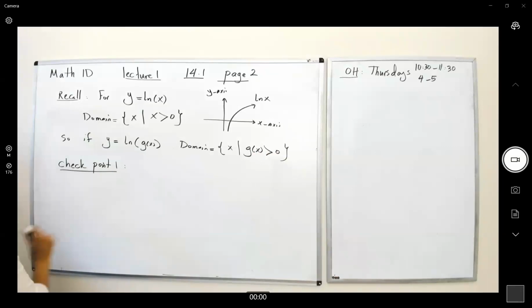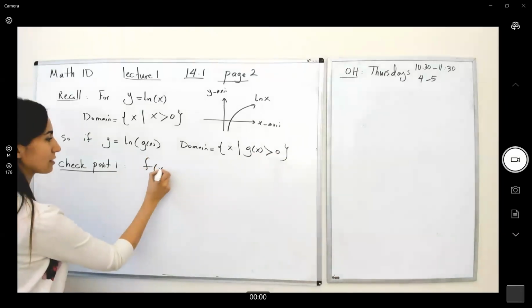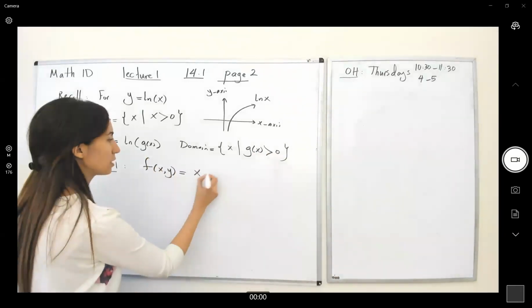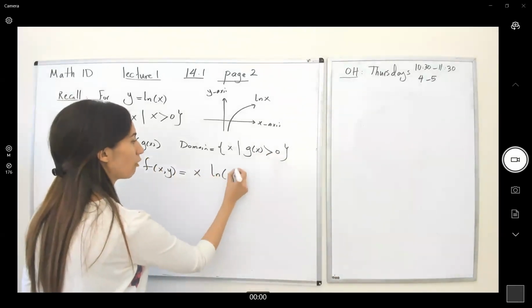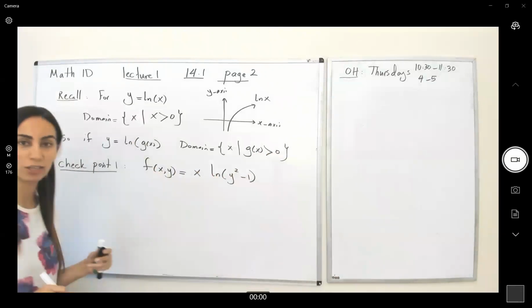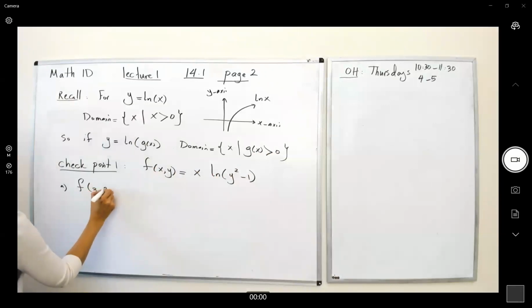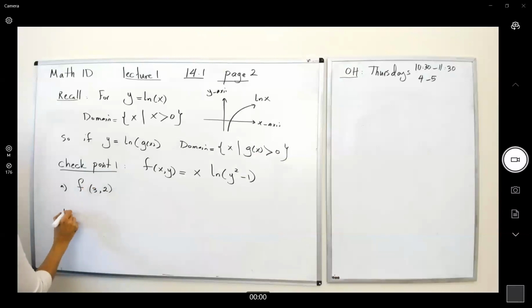It says, suppose you have the function f of x and y equals x times ln of y squared minus 1. First of all, what is f of 3 and 2? And second of all, sketch the domain of the function.